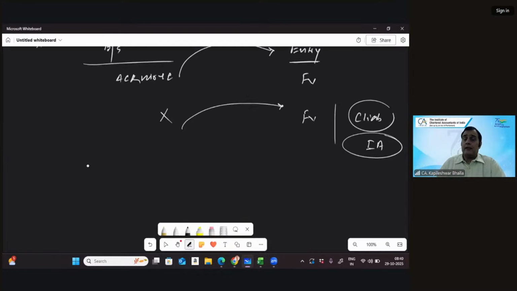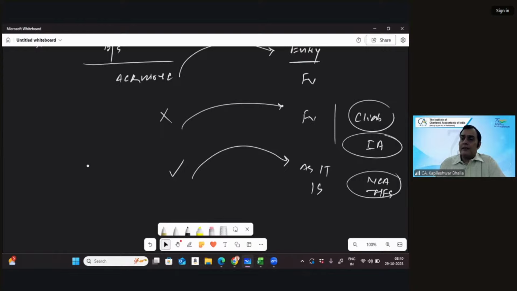Next, you would see that there could be certain assets which are in the balance sheet of the acquiree, but they will appear as they are. They don't appear at a fair value. One of the finest examples in this case would be the non-current assets held for sale.